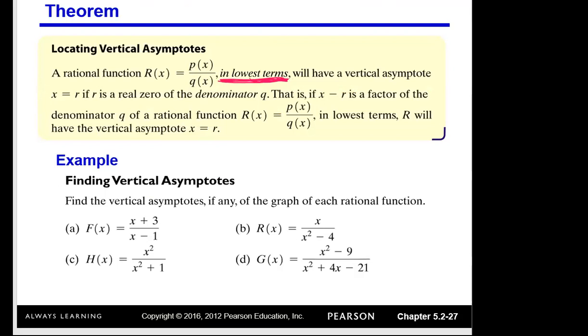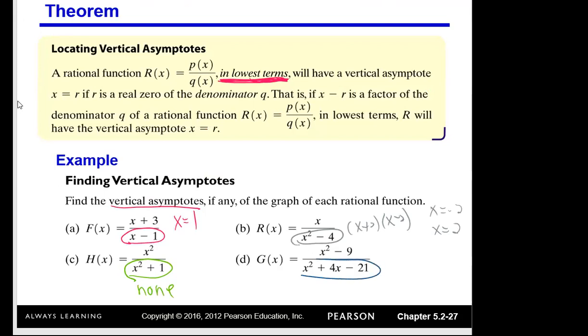So these four examples here, when I look at x minus 1, there will be a vertical asymptote at x equals 1. This one right here, x squared plus 1, if I set that equal to 0, you would get x squared equals -1 and it goes to imaginary land. There are no vertical asymptotes here. On this one, I'd have to factor it, x plus 2 and x minus 2, so my vertical asymptotes are at x equals -2 and x equals 2.